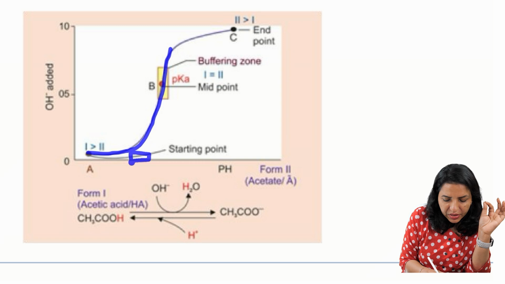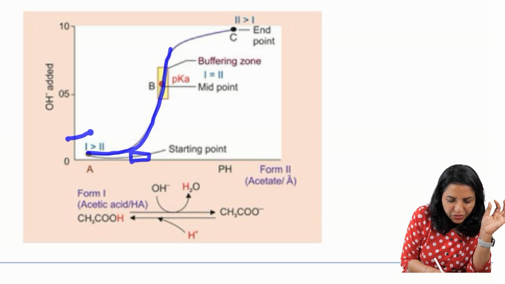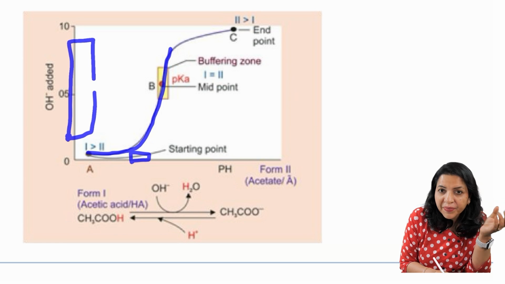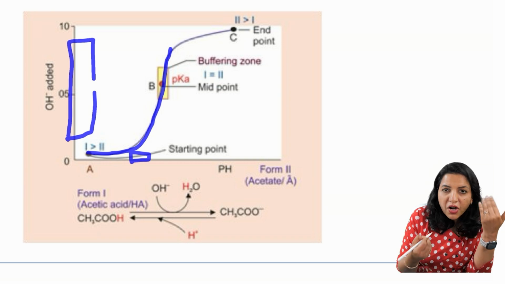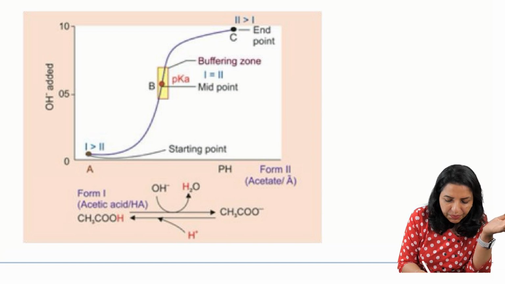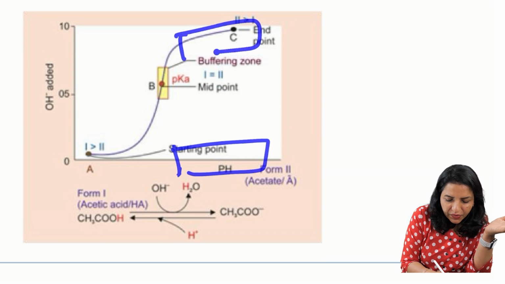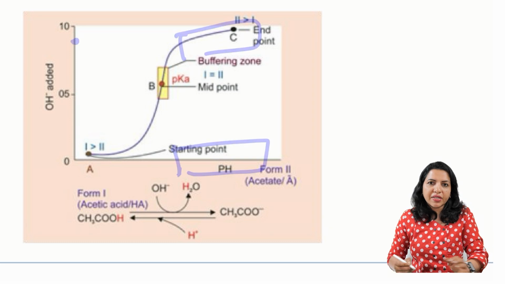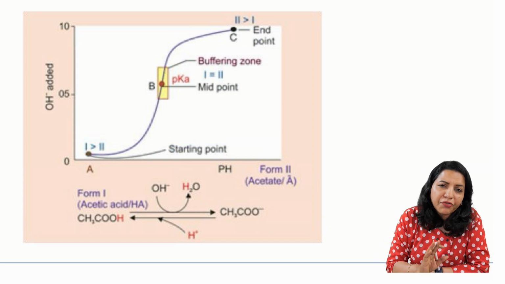And the amount of alkali that you have added is almost this much, which means that even if you are adding the alkali, the pH of the medium is remaining constant. But after that what will happen, once the ionizable group is completely ionized, then the pH is changing a lot, right? Even a slight change in the alkali will markedly affect the pH.